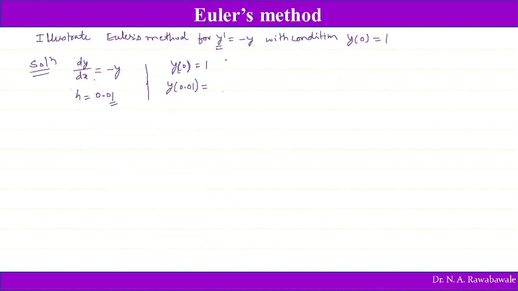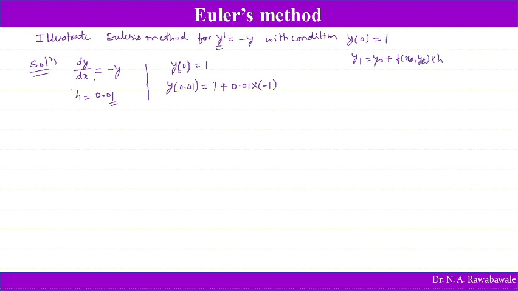So here old approximation is 1 plus step size h, 0.01, into old dy by dx. So old dy by dx is minus y, which is minus 1. So this is nothing but y1 is equal to y0 plus f of x0 comma y0 into h.